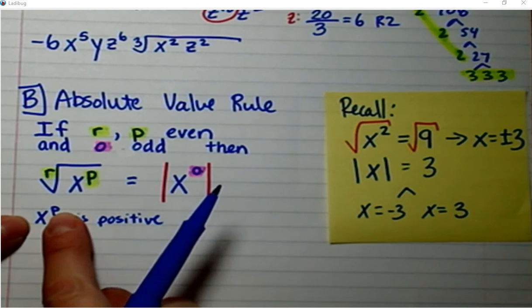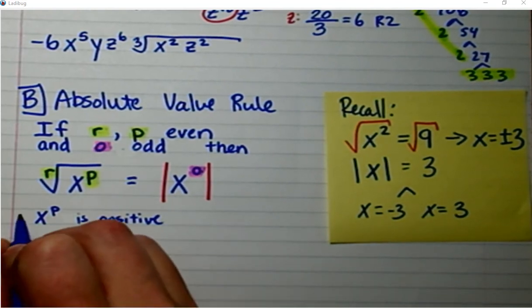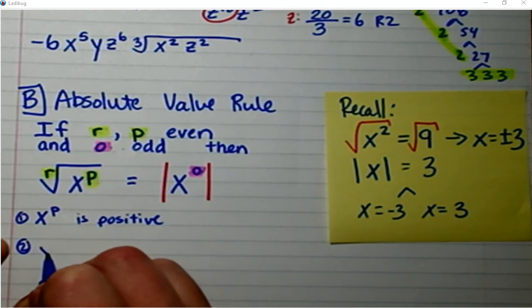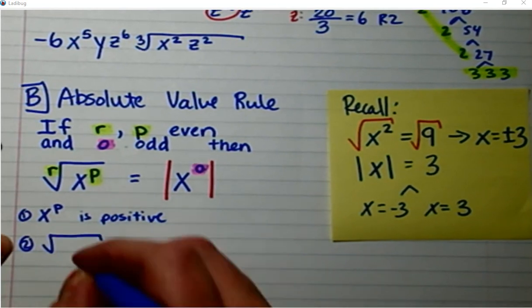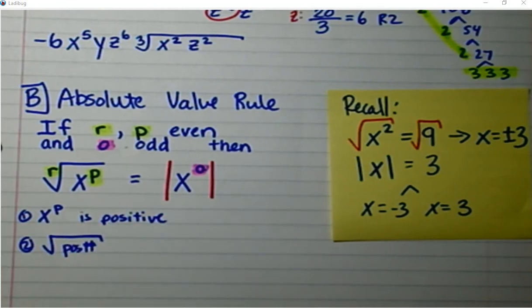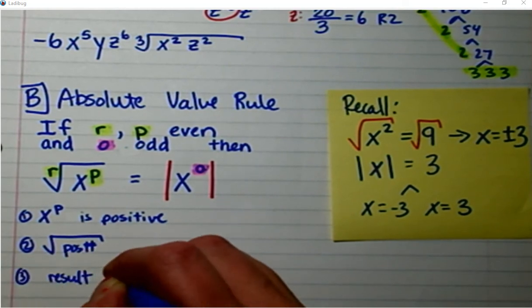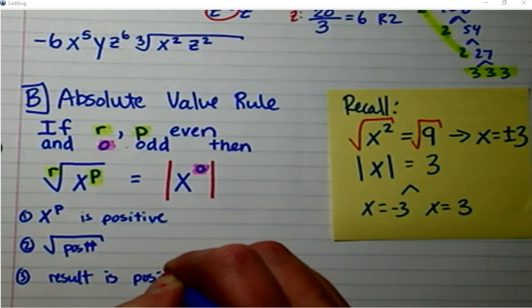So if you square any number, it's going to be positive. If you square root a positive number, the answer is positive. That's why you put absolute value around it. The answer is positive. The result is positive.